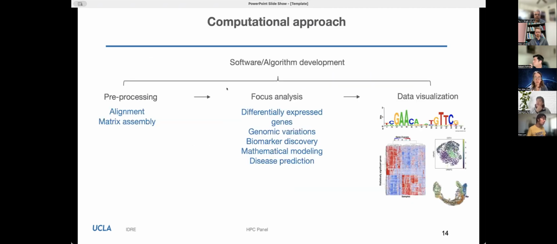So we just went through the main genomic data we might get. Now I want to go through the basic computational approaches we use every day.